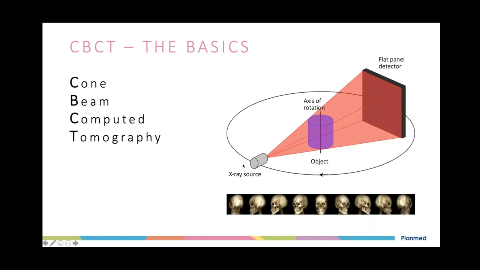The X-ray source and the flat panel detector spin around the patient, and the tube head is pulsing on and off very rapidly as it goes around, taking a series of two-dimensional images that you can see down here.